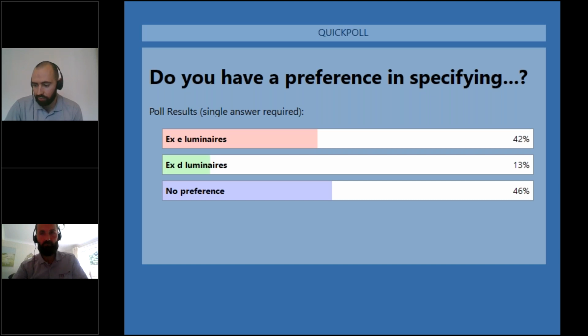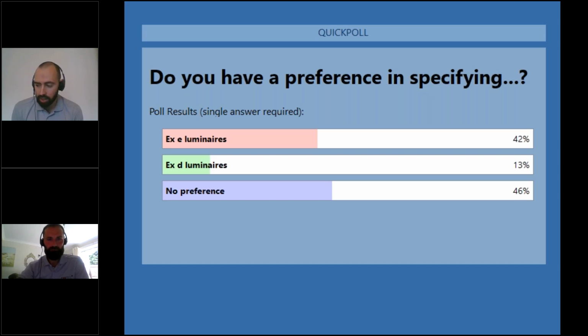But I think quite interestingly, 46% came back and said you had no preference. So hopefully the benefits which Dave's taken you through on EXE will give those of you who said no preference an understanding of what those benefits are and why it's important to look at the certification.